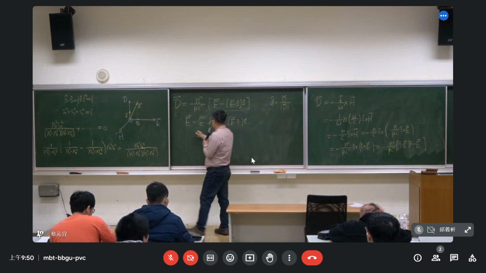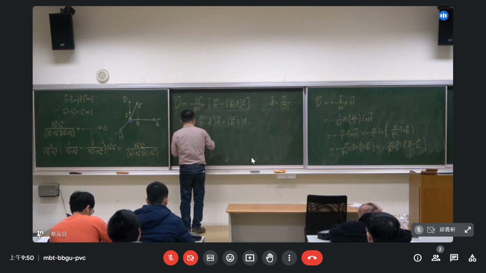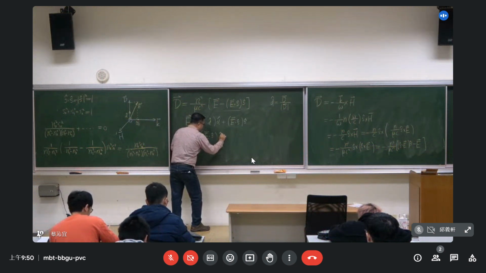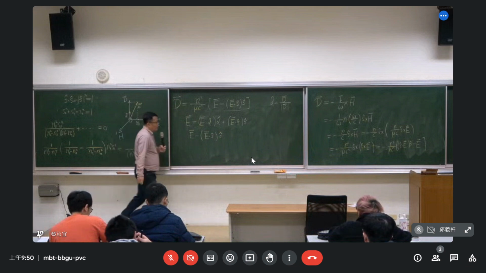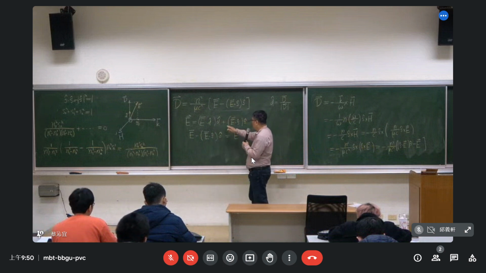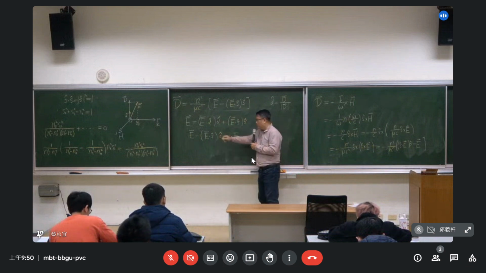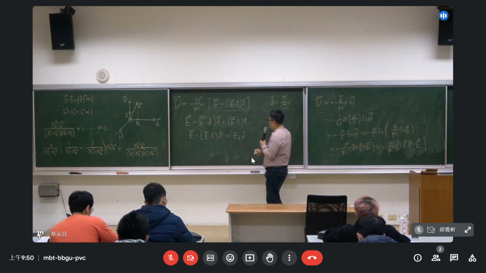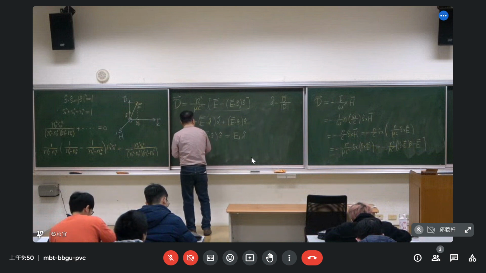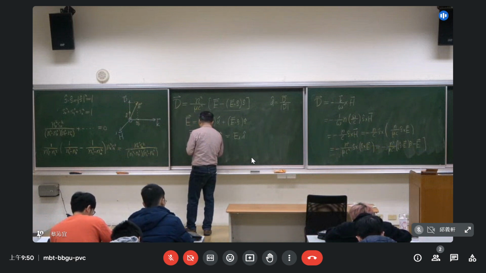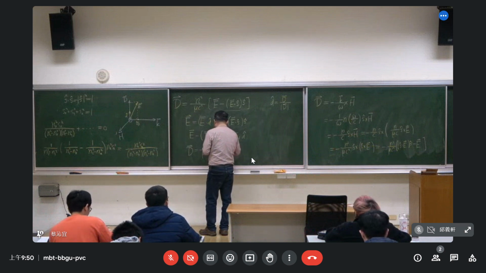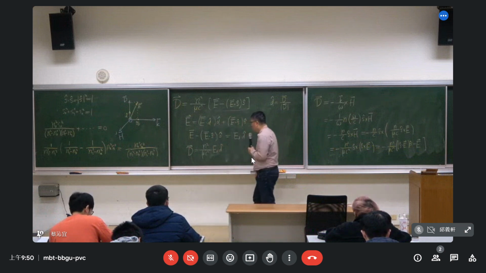So E minus the projection of the component along the S direction, we get this. I may use the notation ED to write this part, ED times D hat. So I get D equal to n squared over mu C squared times ED times D hat.